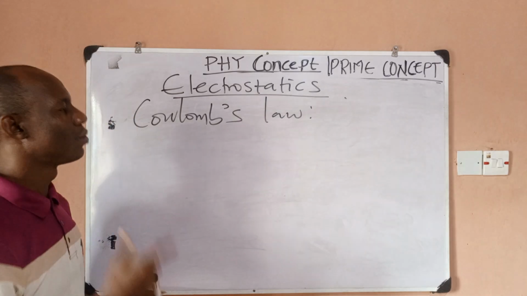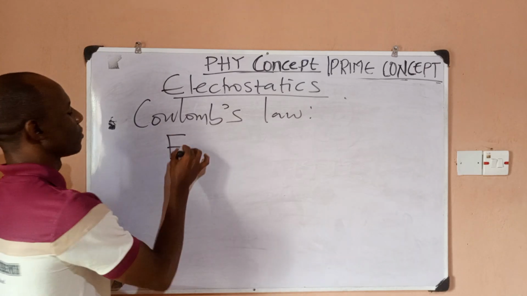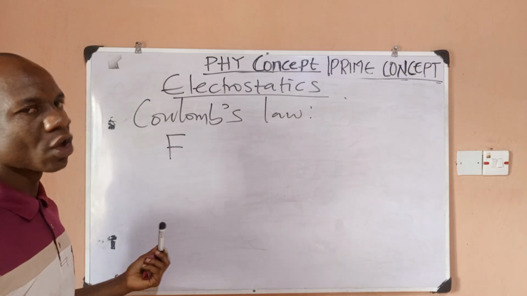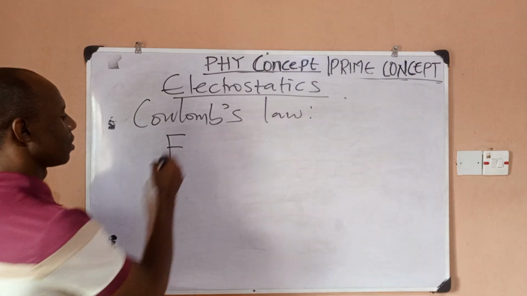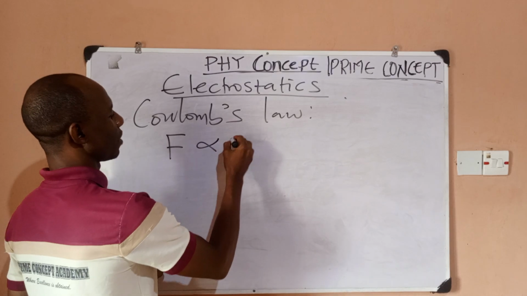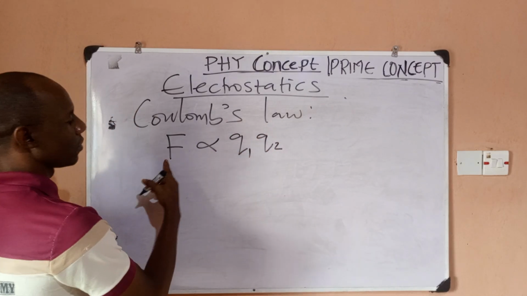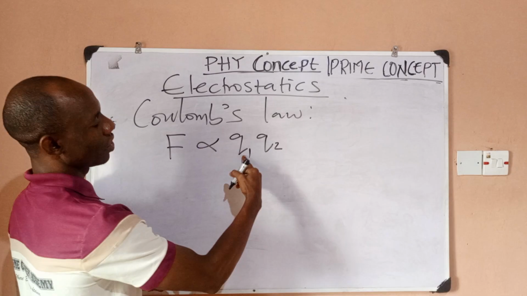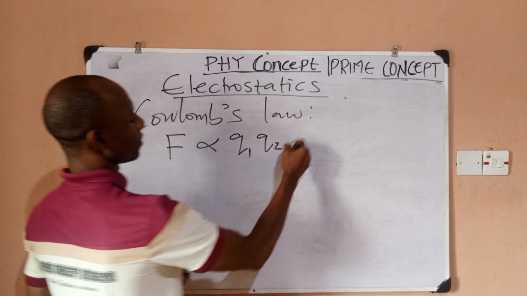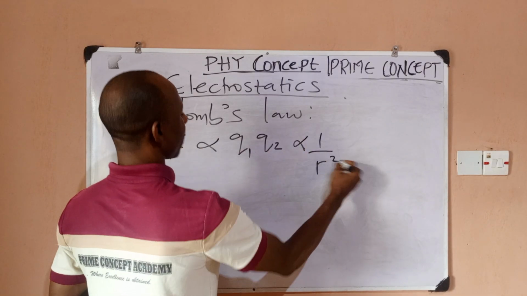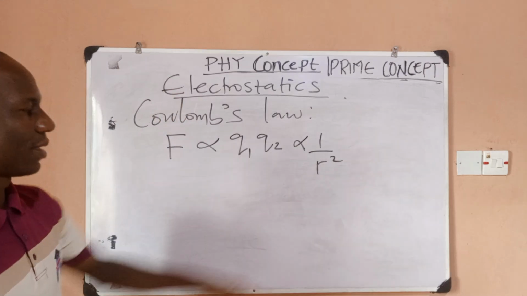And mathematically, we can say that F, the magnitude of the force of attraction or repulsion, is proportional to the product of the charges. Say we have two charges, Q1 and Q2. So the force is proportional to the product of these charges, and inversely proportional to the square of the distance separating them.